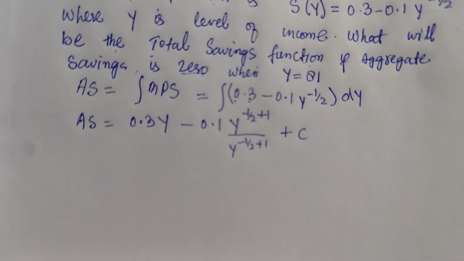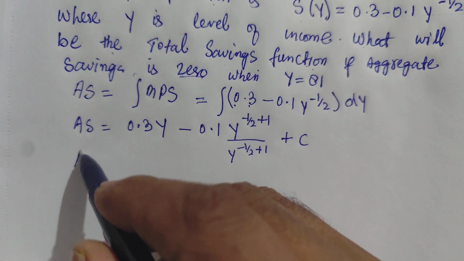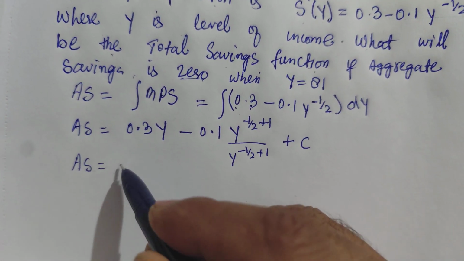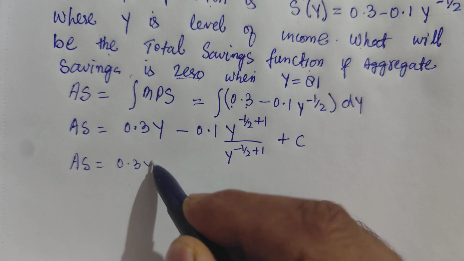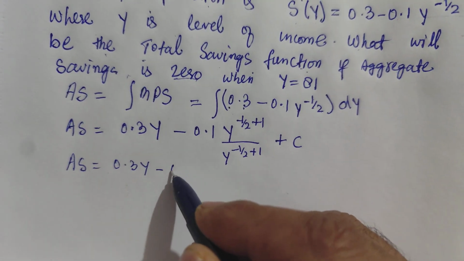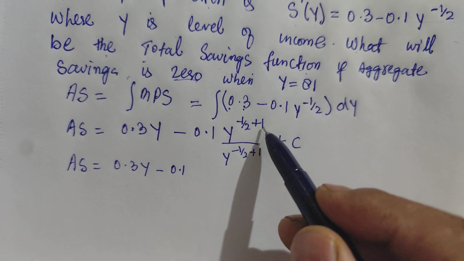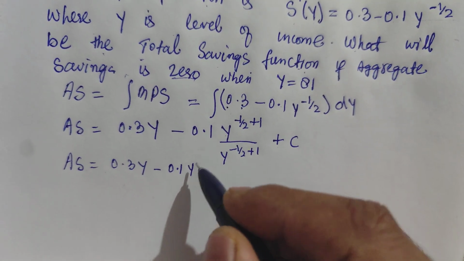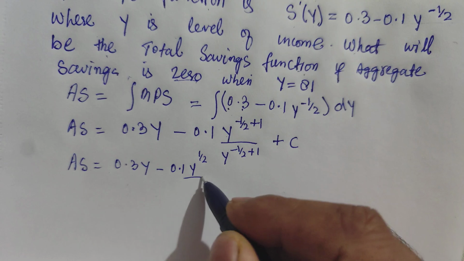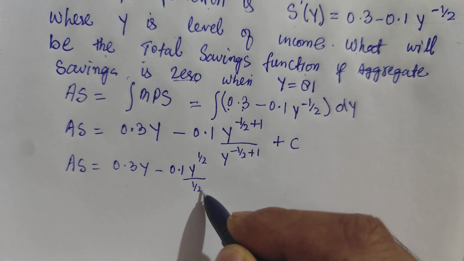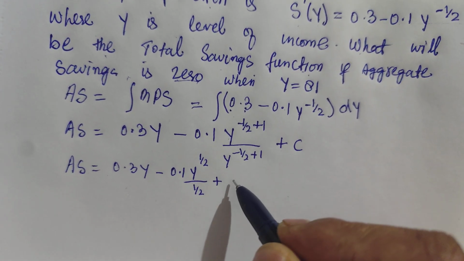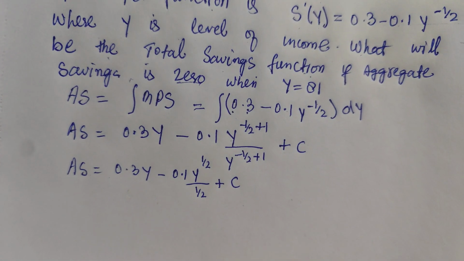So our aggregate savings will be equal to 0.3y - 0.1. Now y^(-1/2 + 1) comes out to be y^(1/2), and our denominator is also 1/2, plus the constant of integration, which is c.